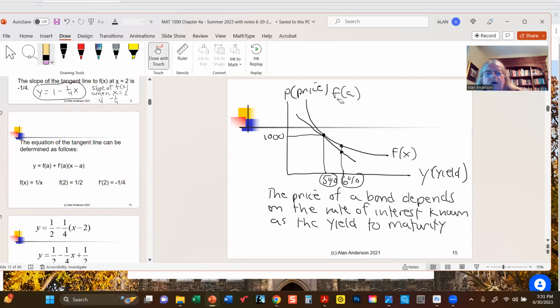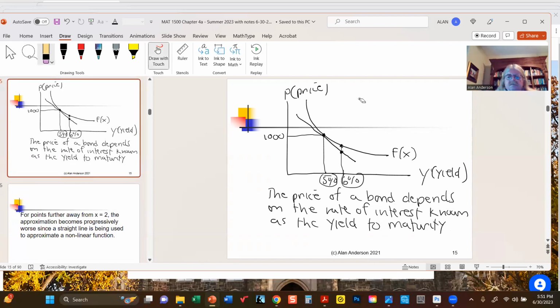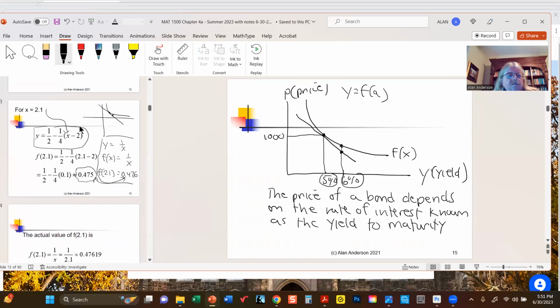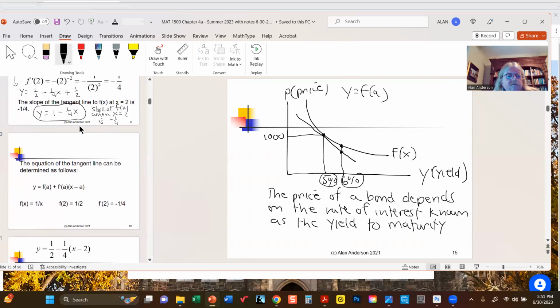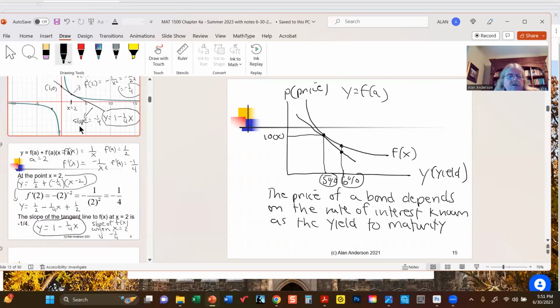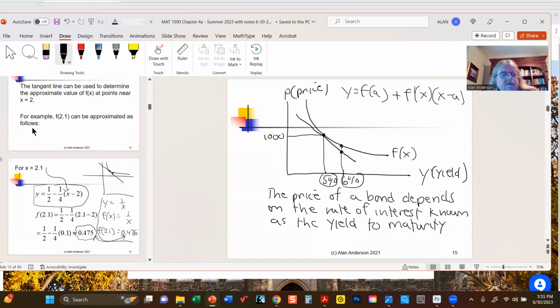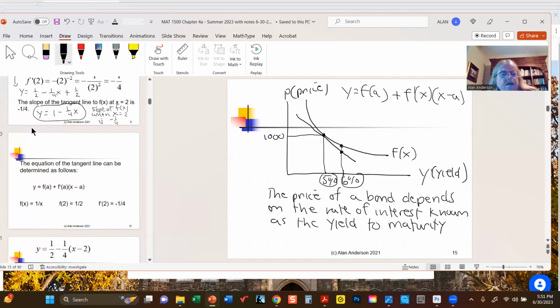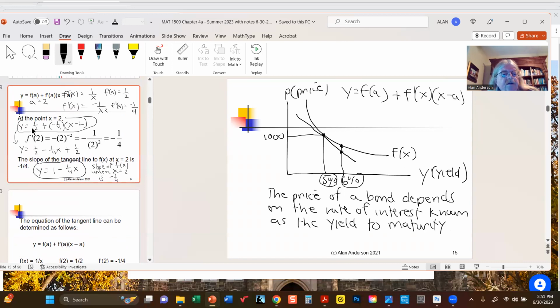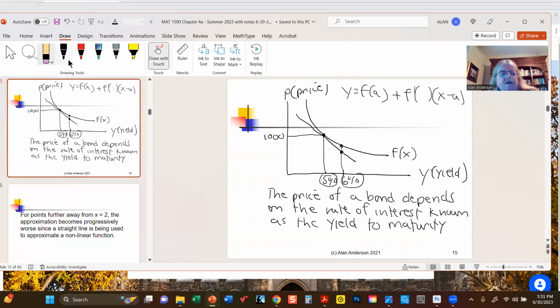Let me write it as y equals f of a plus f prime of a times x minus a. Now we can change the notation a little bit here.